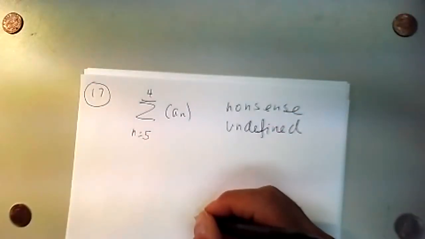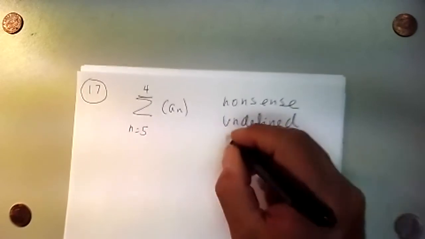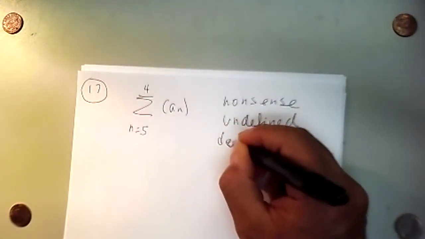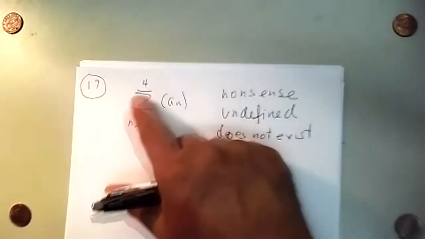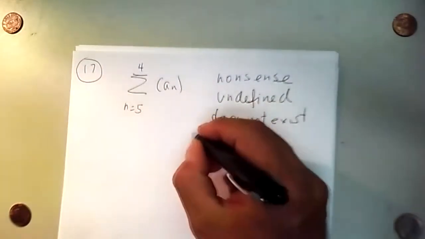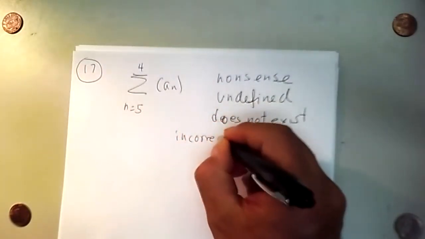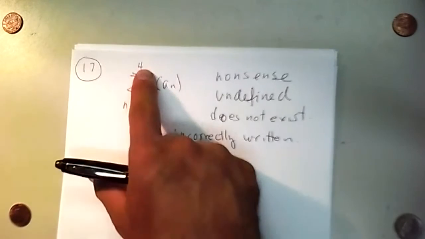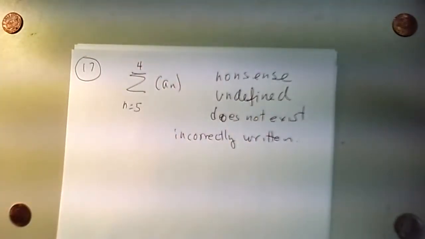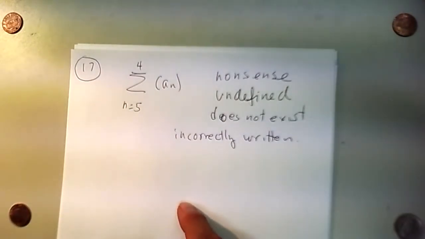That is nonsense, undefined, doesn't exist, whatever you want to call it. This is poorly written or incorrectly written. We cannot start at a number and end lower. No, we're not going to make sense of that. We're just going to have regular additions, and that's it.